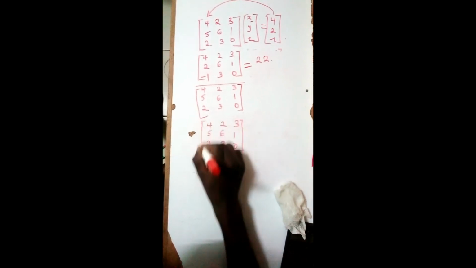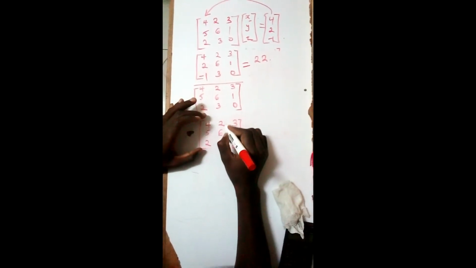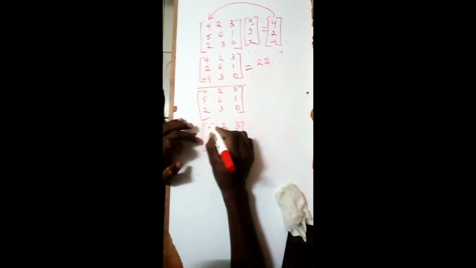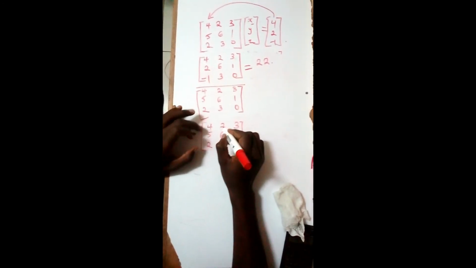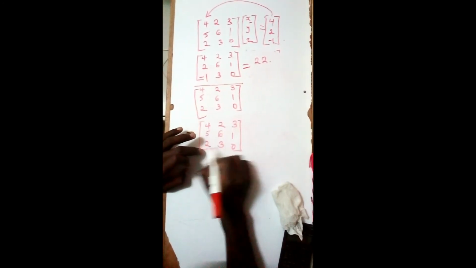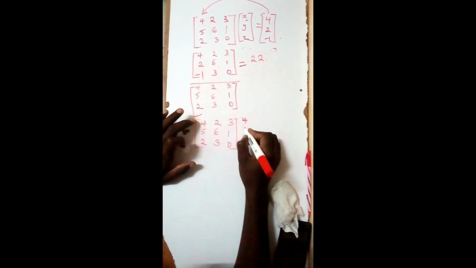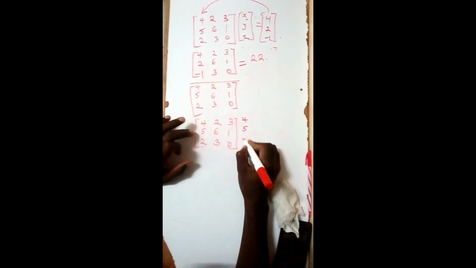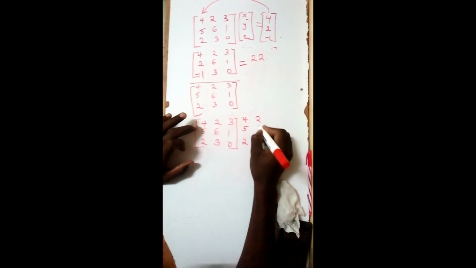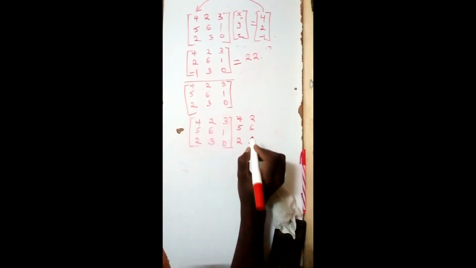As always, we extend the first two columns and bring them here: 5, 4, 5, 2, 2, 6, 3. Remember, we are finding the determinant.